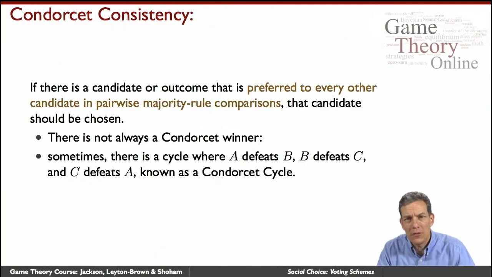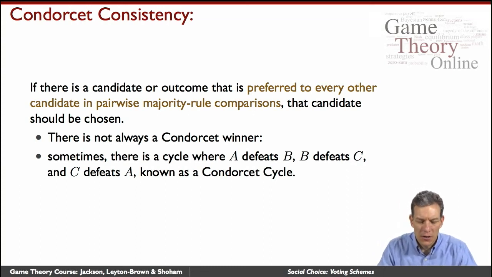Now, one important concept that we'll be talking about a little bit in the future is what's known as Condorcet consistency. And Marquis de Condorcet defined this centuries ago. And the idea here is looking for a candidate that's preferred, that beats every other one in a pairwise majority.